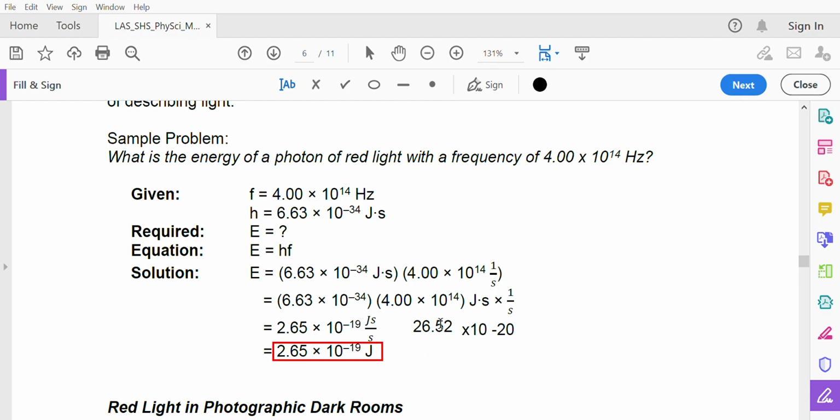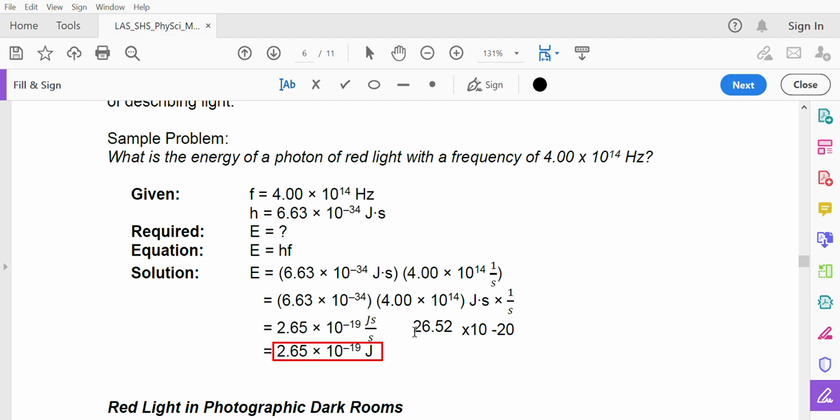In writing the correct scientific notation, you need to have one number on the left of the decimal point. Here we have two numbers on the left of the decimal point. See that? So we need to move the decimal point 1 place to the left. When you move the decimal point to the left with a negative exponent, the exponent decreases.